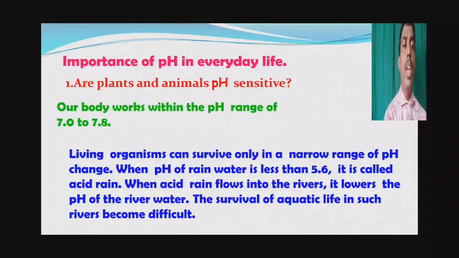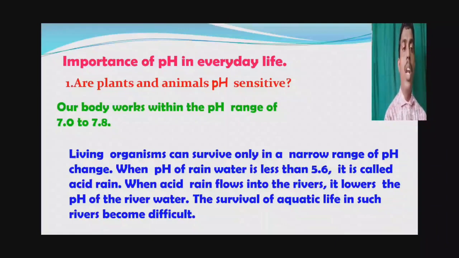If the pH of rainwater is less than 5.6, it is called acid rain. When acid rain flows into the rivers, it lowers the pH of the river water.